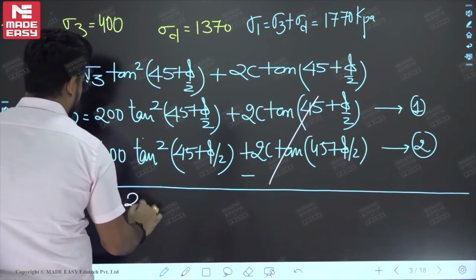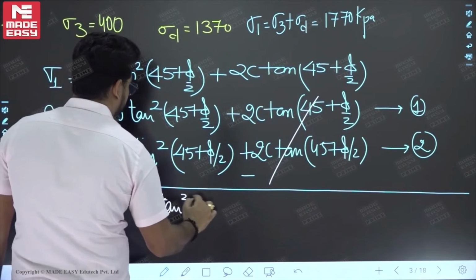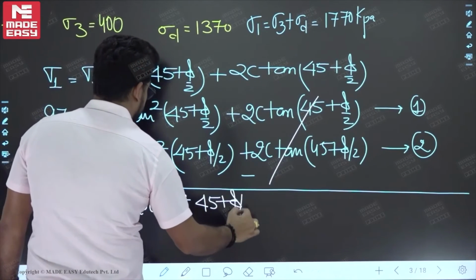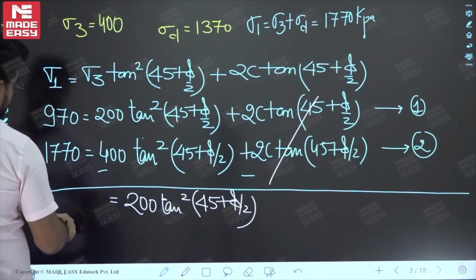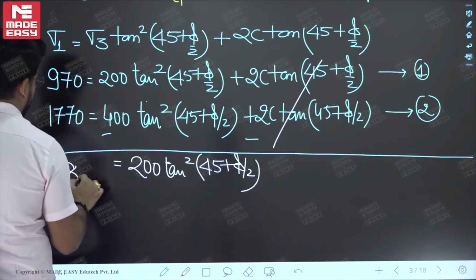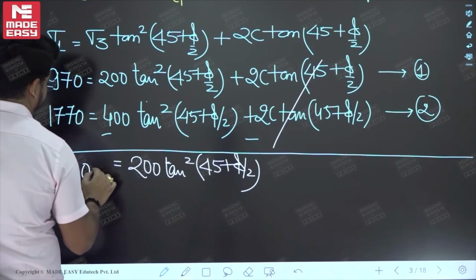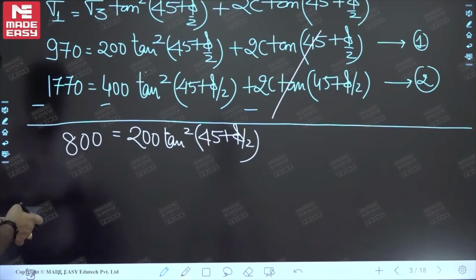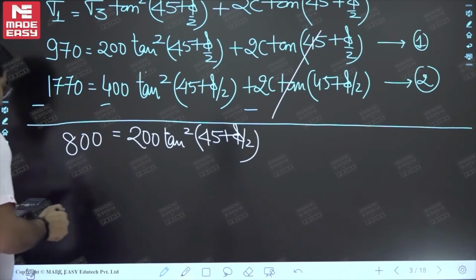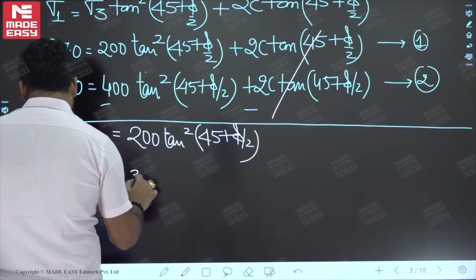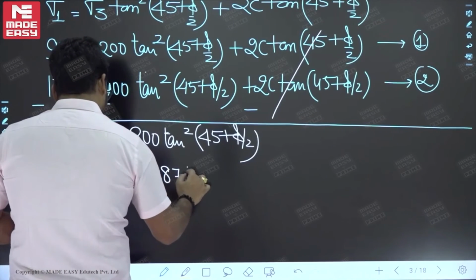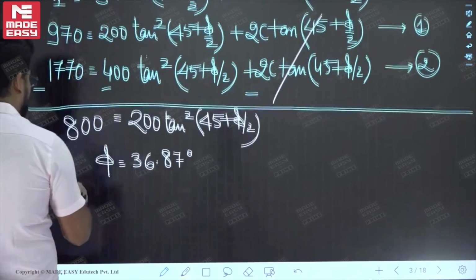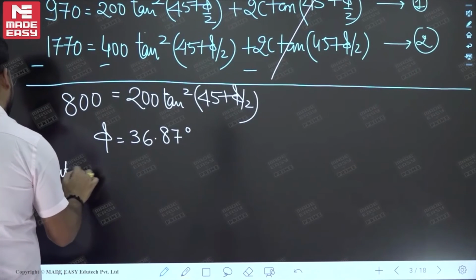Now it will be 200 tan square (45 plus phi by 2) equals 800. So this is the equation, and now we can solve for phi. Solving it, this phi comes out to be 36.87 degrees. Clear?